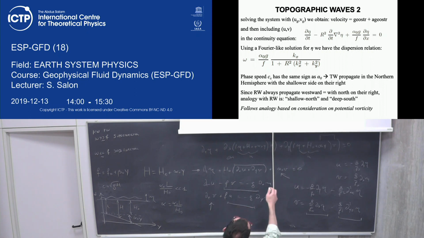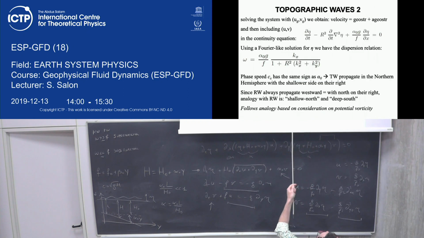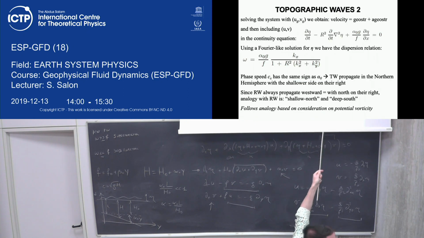So now let's look at the one for the Rossby wave. You see, it's exactly the same. No, not exactly. Except that this term here, minus beta 0 r squared, is now alpha 0 g over f.